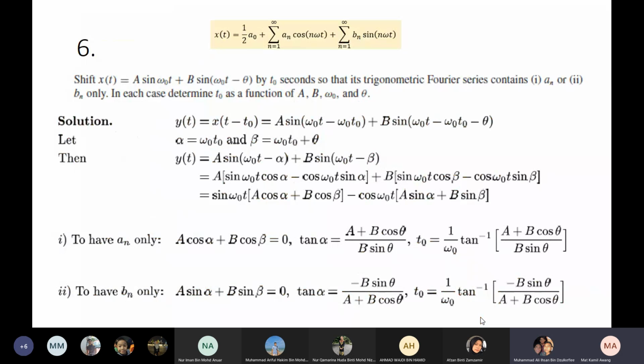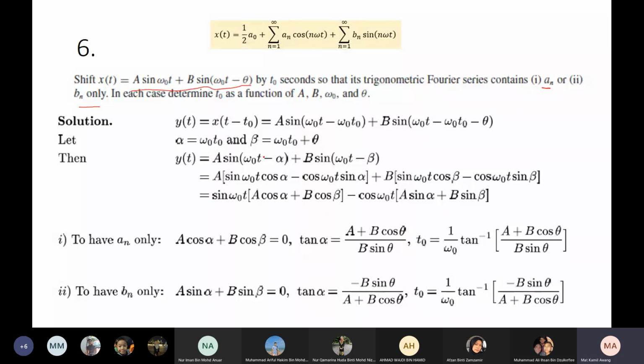This is Fourier series also. Let's say you have x of t given by this function, and you want to shift it to make it contain only a n or only b n. So how are you going to do this?